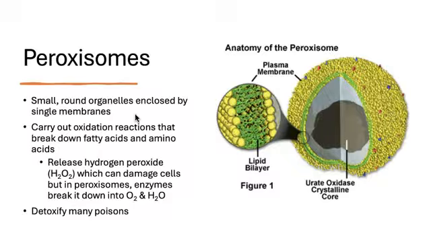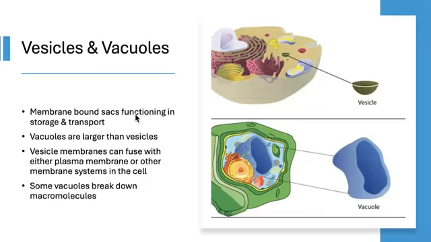So we have some peroxisomes within our liver that can help to detoxify alcohol, also other poisons. We have glyoxysomes, which serve as the peroxisomes in plants, and they're responsible for converting stored fats into sugars.